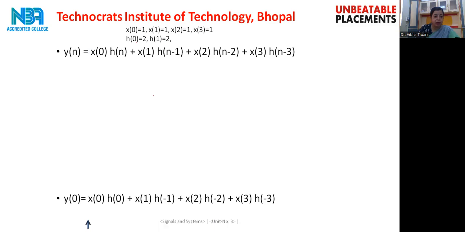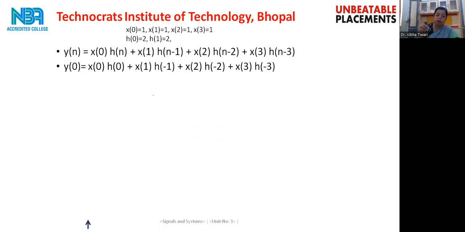Let us start by calculating y[0]. In this expression we substitute n = 0 everywhere, so this comes out to be x[0] h[0] plus x[1] h[minus 1] plus x[2] h[minus 2] plus x[3] h[minus 3].